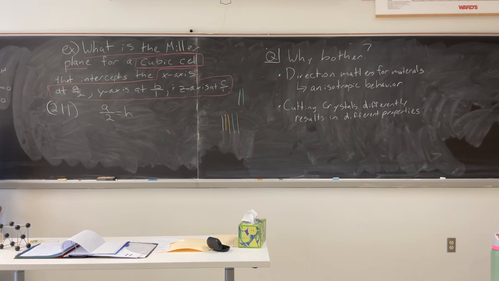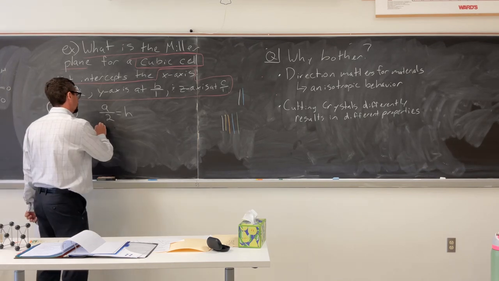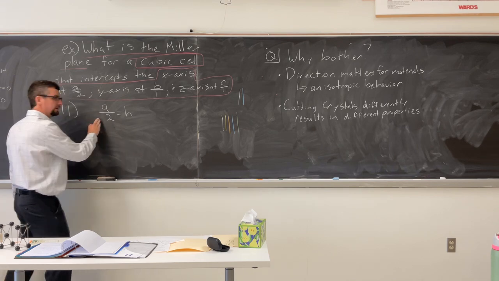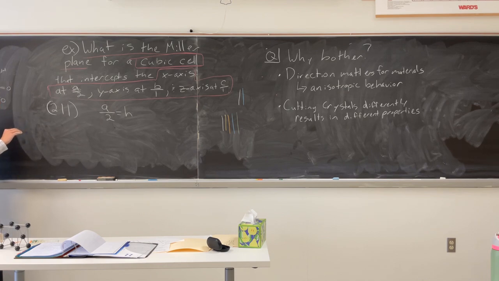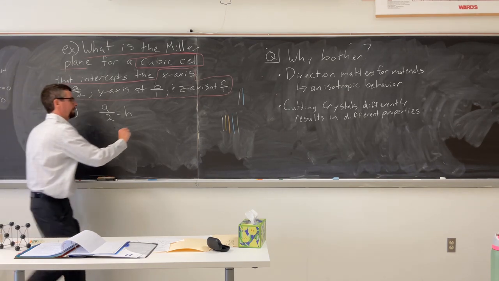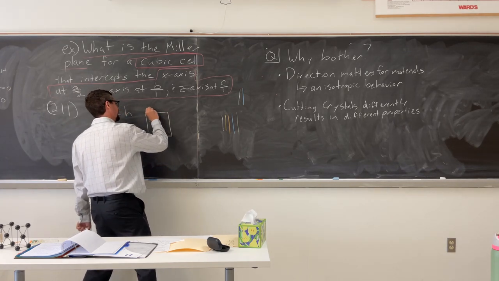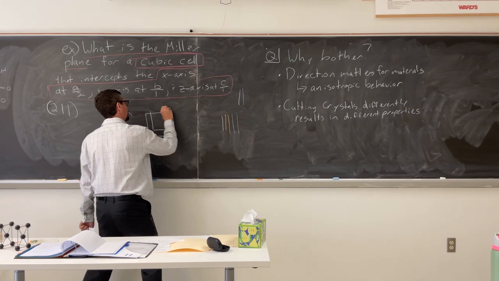Did that answer your question, Lily? The x intercept gives h: a divided by a over 2. Okay, I'm just going to go with it.